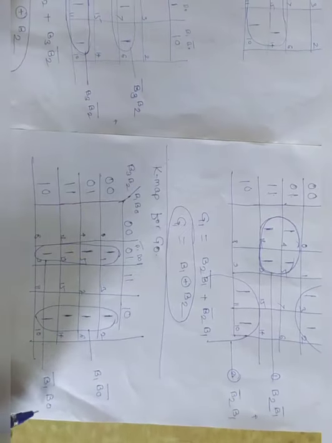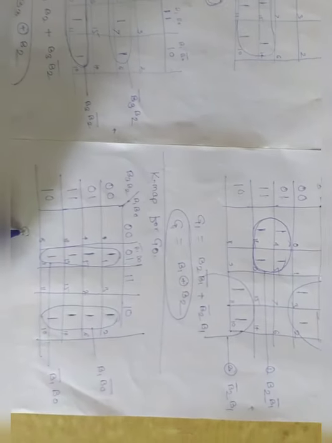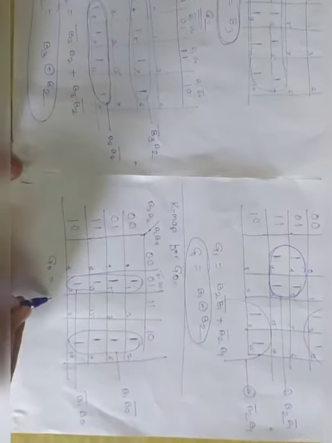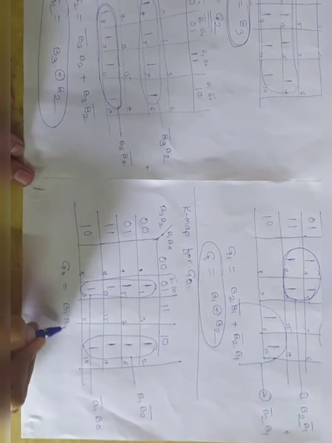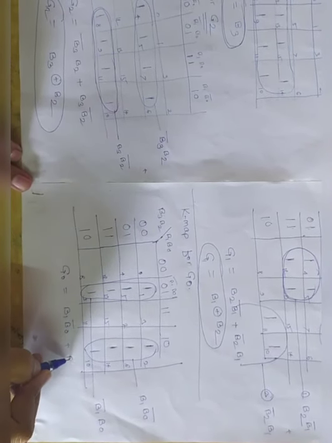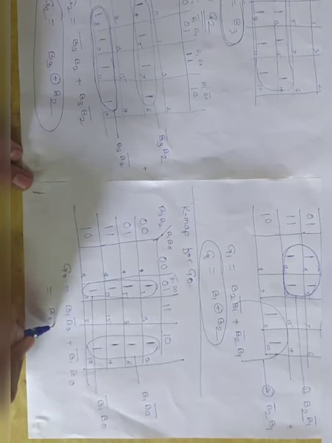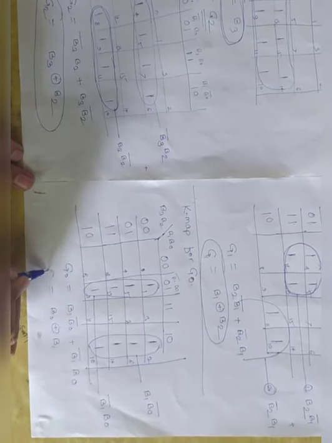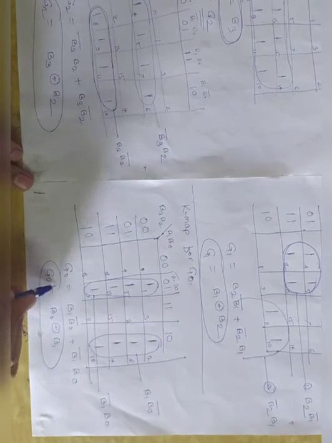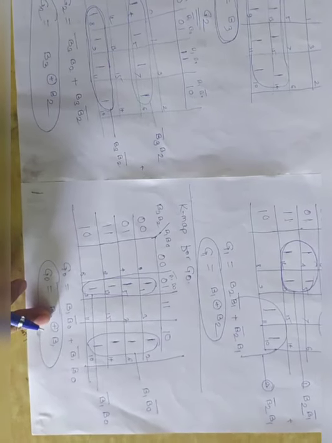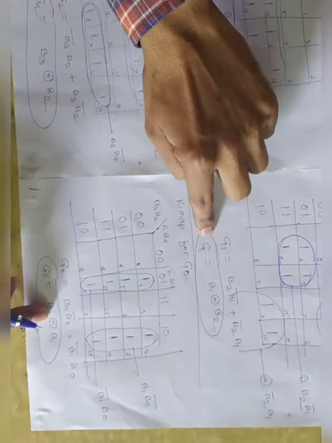So B1 bar and B0, there's nothing common from that row, so simply add them. So G0 is equal to B1 B0 complement plus B1 bar and B0. Now this is simply your XOR gate, B0 XOR with B1. So in this way you are getting all the equations for G3, G2, G1 and G0.